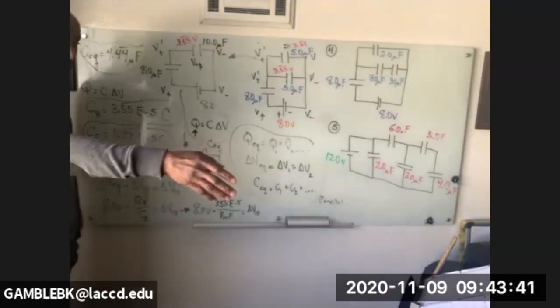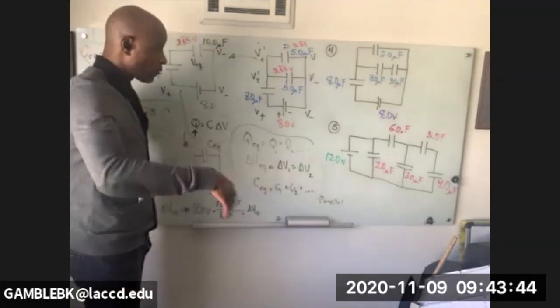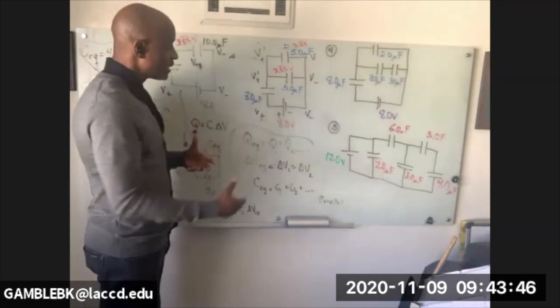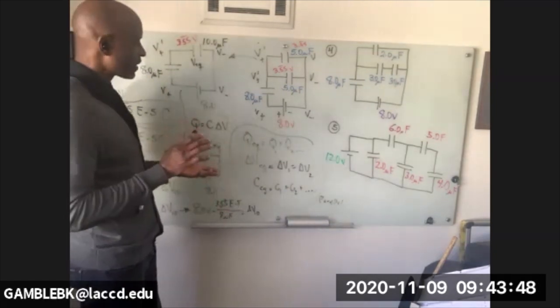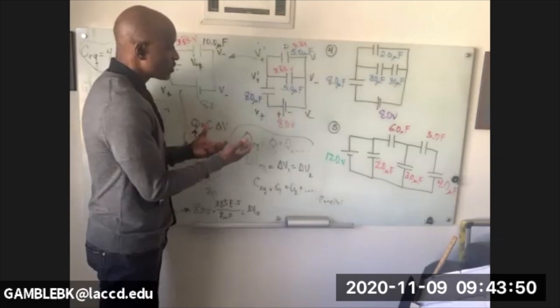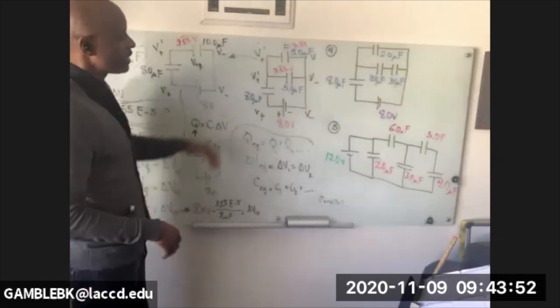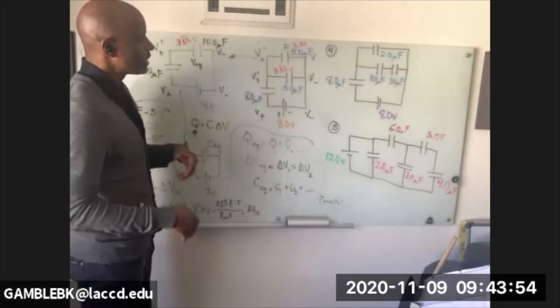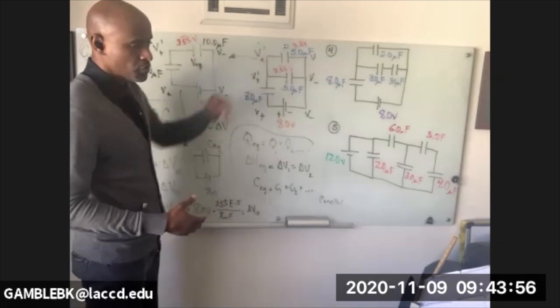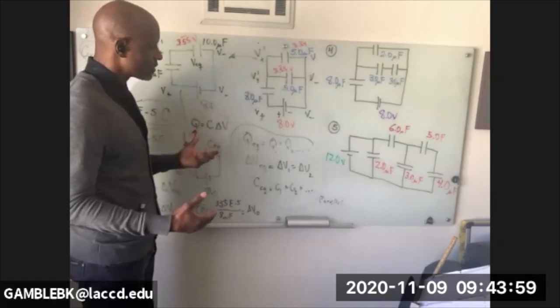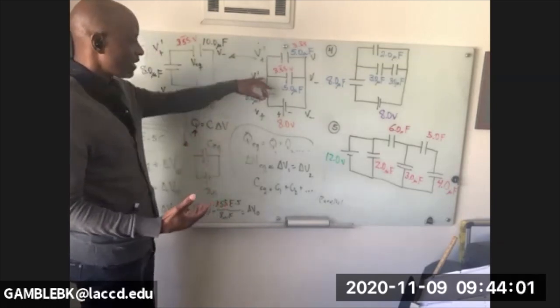So there you go, Julia. Do you see it? Is it more clear now? Once you work through it a couple times, then you see it, so you don't have to work through all that. But once you prove it to yourself, then you're convinced that if the capacitors are the same, it's going to draw the same amount of charge in each one. And so you can save yourself some time.